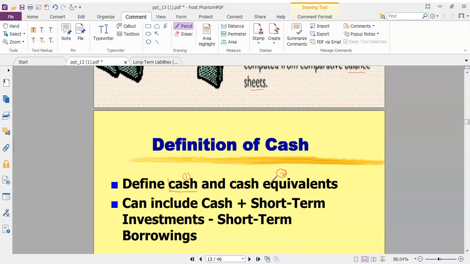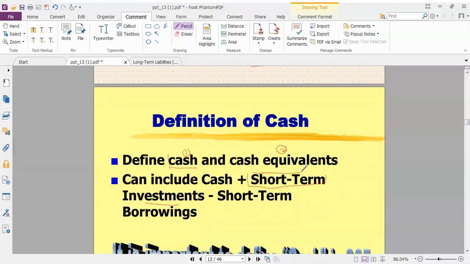The cash equivalent is something like cash, but it is not cash. So cash can include cash plus short-term investment minus short-term borrowing. Short-term investment is the amount of money that we invest, and short-term borrowing is the amount of money that we borrow from outsiders.